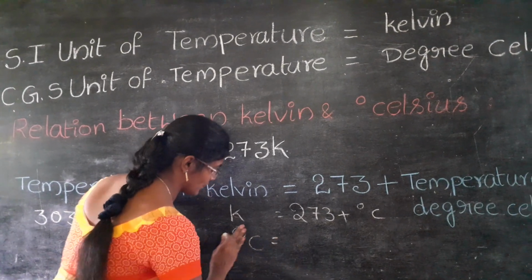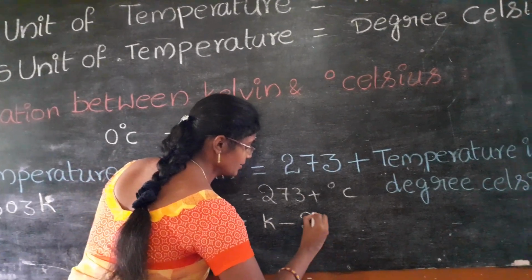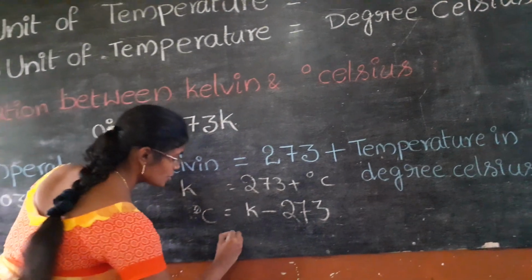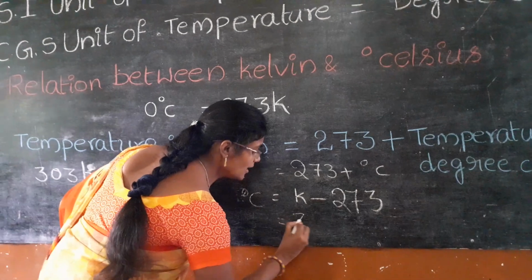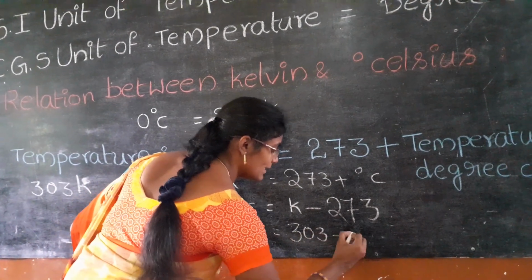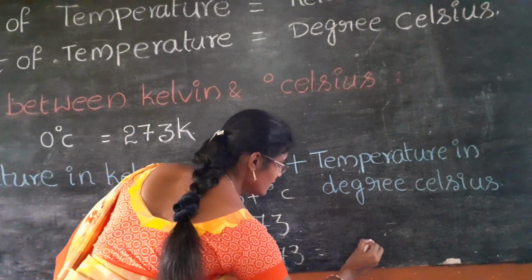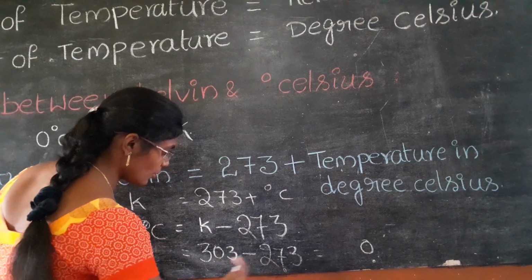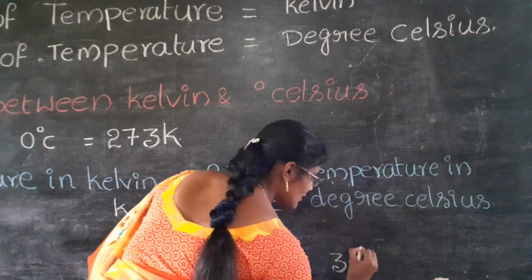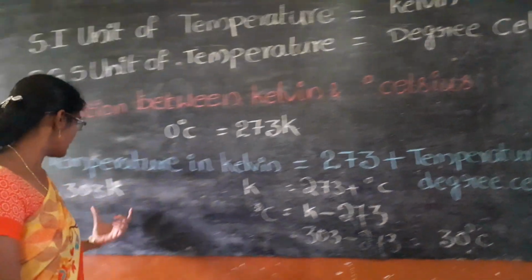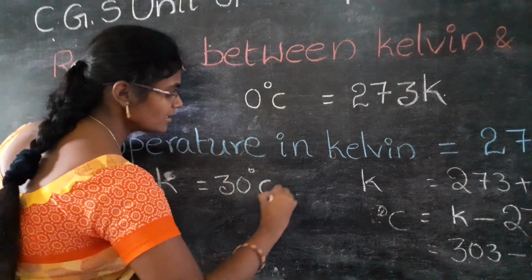Degree Celsius is equal to Kelvin minus 273. What is the value of Kelvin here? 303. Right. 303 minus 273. So 3 minus 3, 0. Take borrow, 10 minus 7, 3. 2 minus 2, 0 only. So 30 degree Celsius. So the value of 303 Kelvins is equal to 30 degree Celsius.